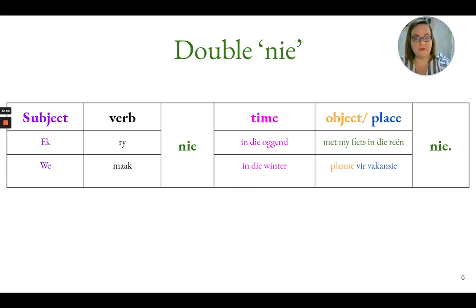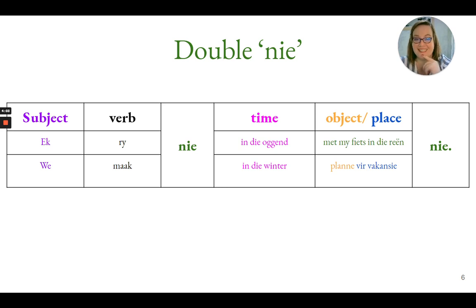The nie is after ry. Ek ry nie in die oggend met my fiets nie. I don't ride with my bike in the morning. I don't. So English has that one don't. With the verb, it negates, it changes the do to a don't or a do not. Afrikaans, we just add a nie after the verb and a nie at the end.